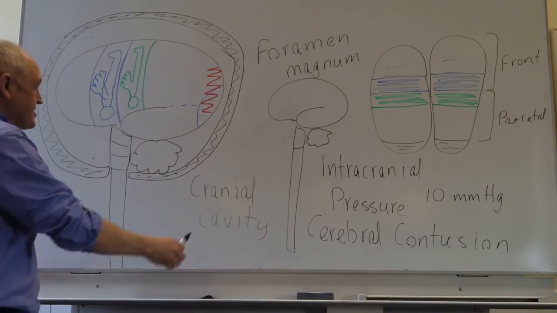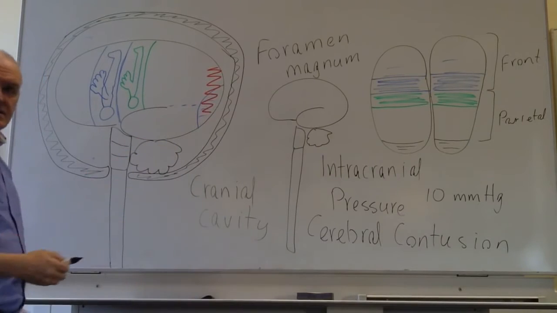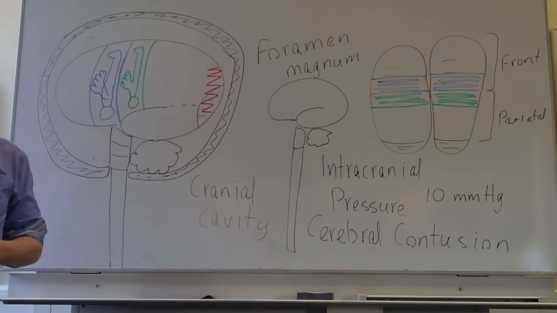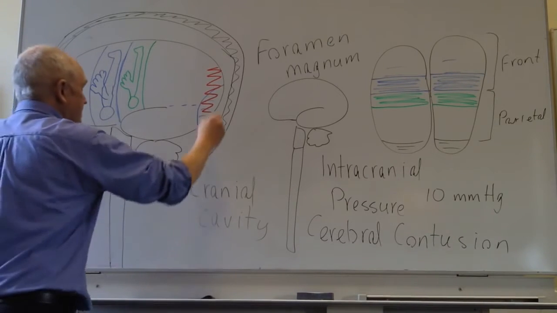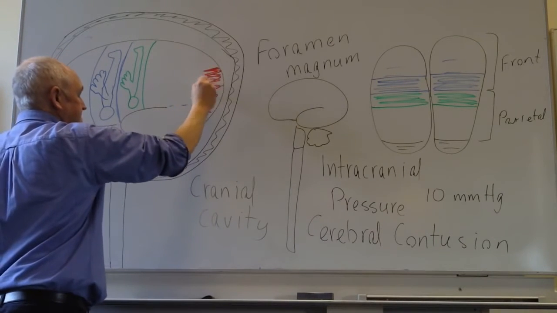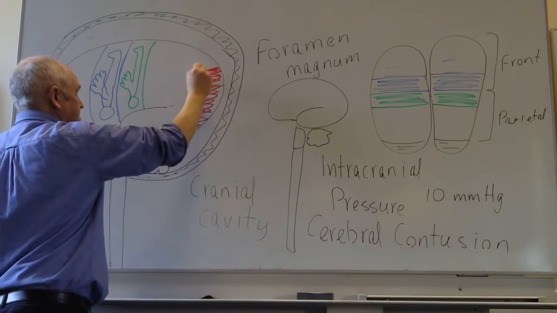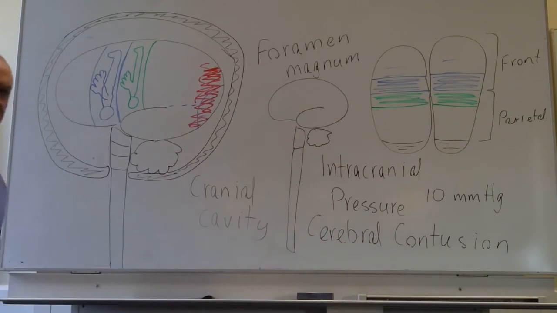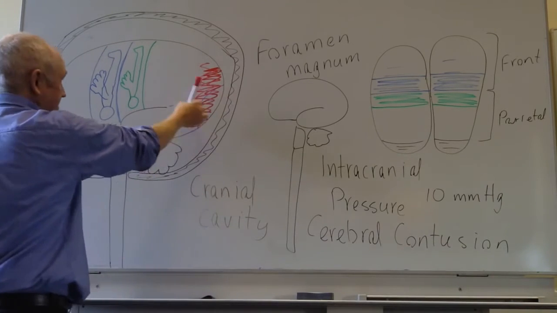So this patient has sustained a cerebral contusion as a result of blunt head trauma. But this causes a bit of brain swelling on this side of the brain. A bit of brain swelling. Yeah, this person's been hit on the back of the head actually in this case, haven't they?